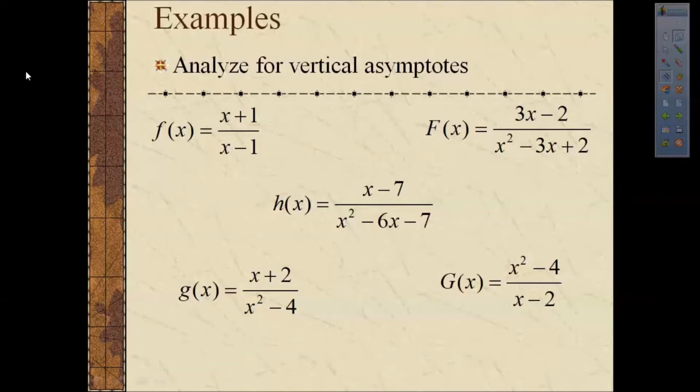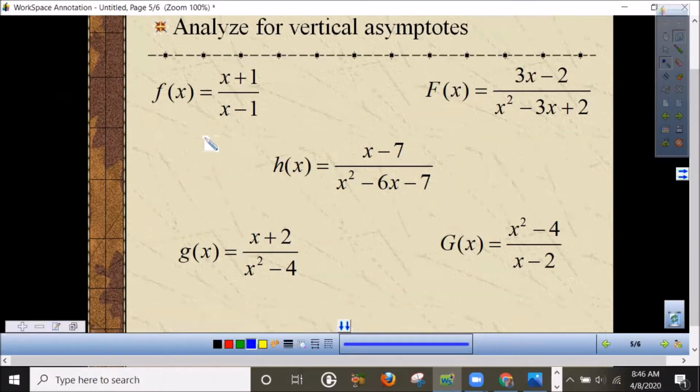Let's analyze each of these functions to determine where we think vertical asymptotes should be. First, we have the function f of x is x plus 1 over x minus 1. So looking at this denominator here, I see the value x equals 1 would make that denominator equal 0. So we suspect there should be a vertical asymptote at x equals 1.